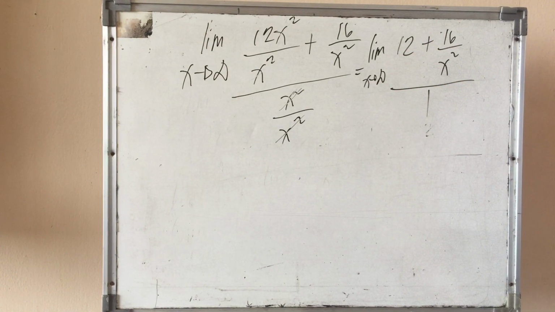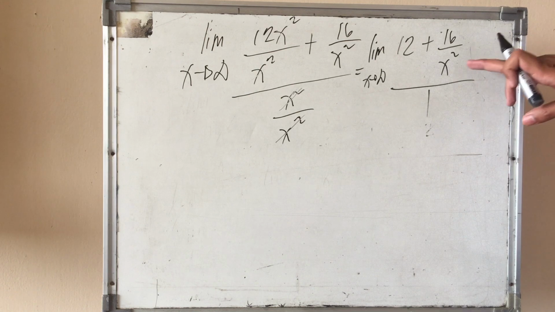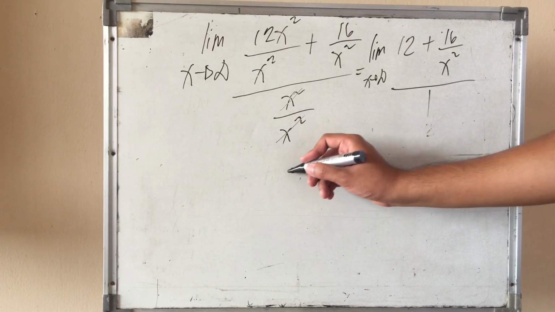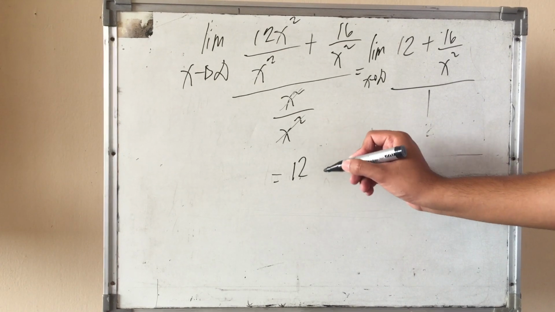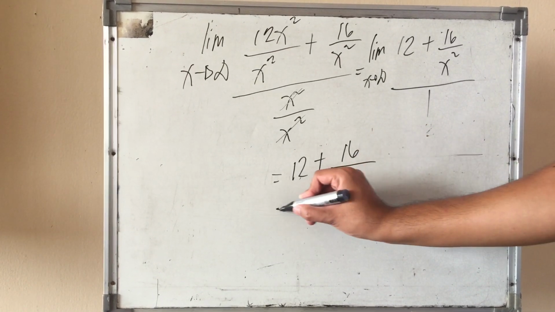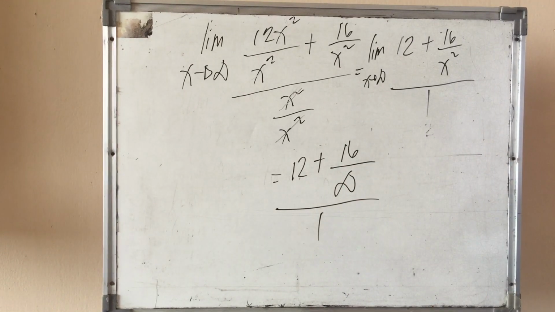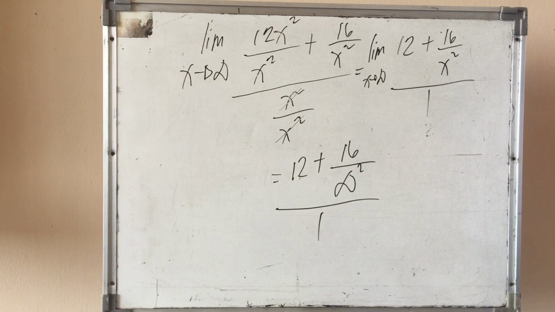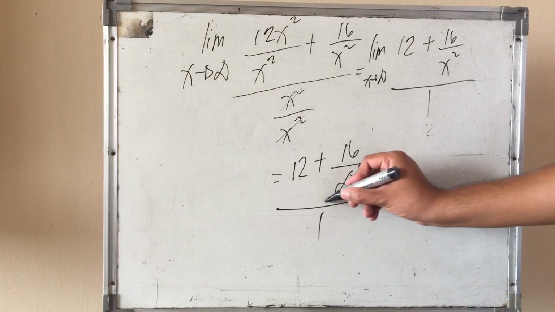We can now substitute infinity for x in the terms with x. So this is equal to 12 plus 16 over infinity squared, divided by 1. 16 over infinity squared is equal to 0.